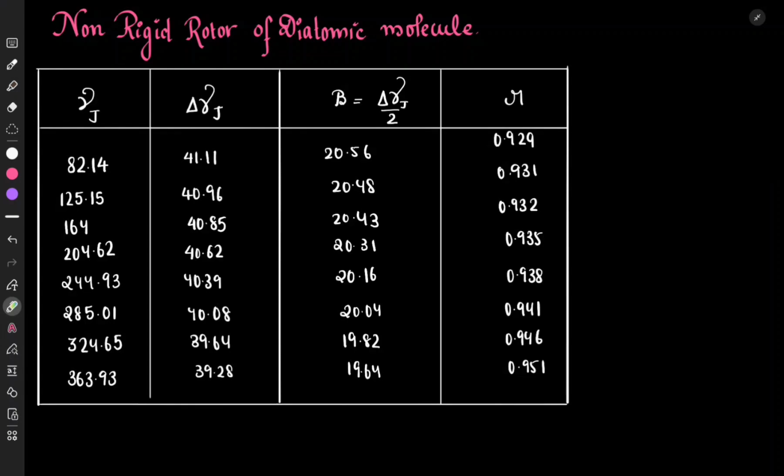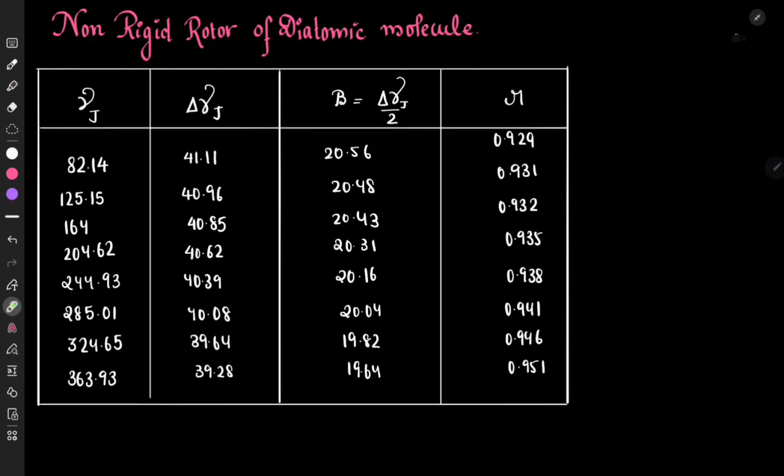As we know, molecules are vibrating, and as the molecules rotate faster and faster, the bond length changes. This is due to centrifugal distortion. So here you see there is a set of frequency gaps. This is the rotational constant, and R is the internuclear distance.